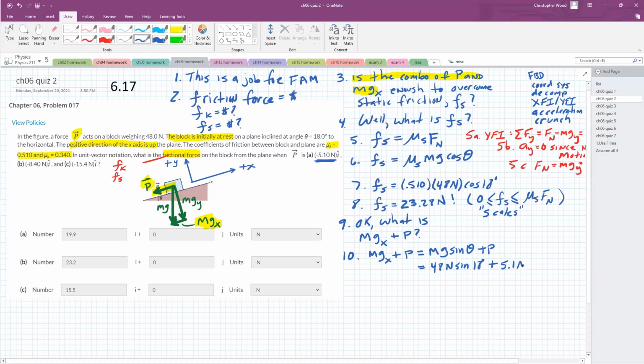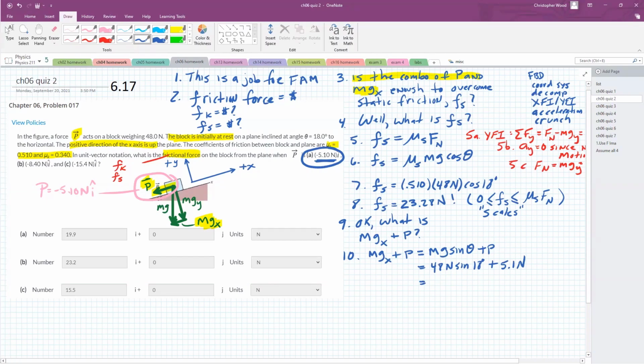They said this externally applied p force is negative 5.1 newtons in the I hat direction, and that's what I'm drawing right here. This for part A, p equals negative 5.10 newtons in the I hat direction, or negative x direction. All right, so this is how much downward force is acting on this box.